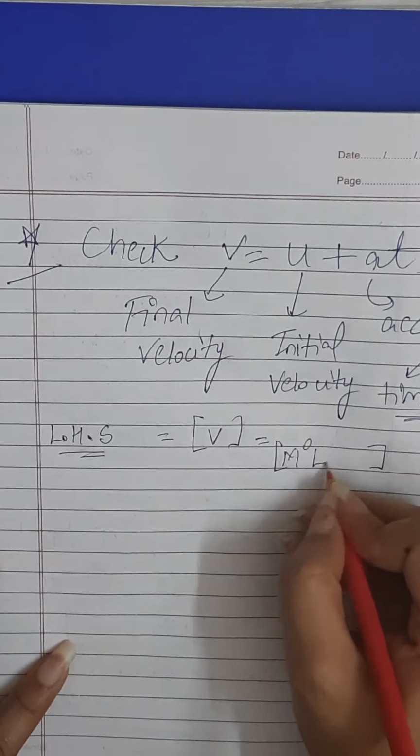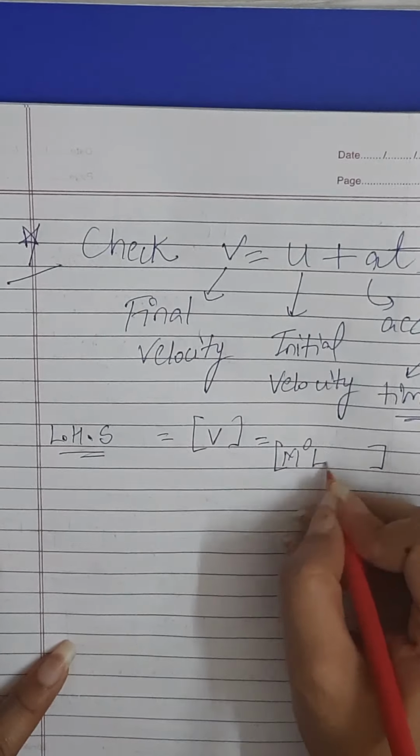Moving to RHS, we have U plus AT. So for U again is velocity, so the same comes, M0 L1 T minus 1, plus acceleration has the unit meter per second square.